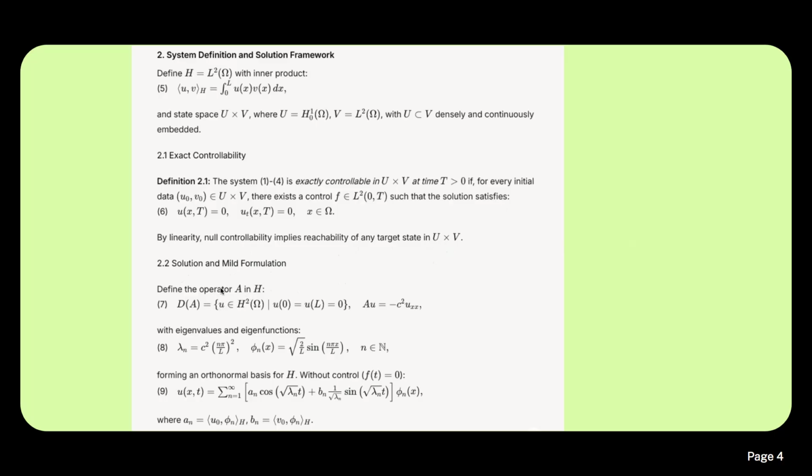Before this, we define the operator A. Obviously this A is positive self-adjoint in H. These are eigenvalues and eigenfunctions, theta and X, which is also an orthonormal basis for H.